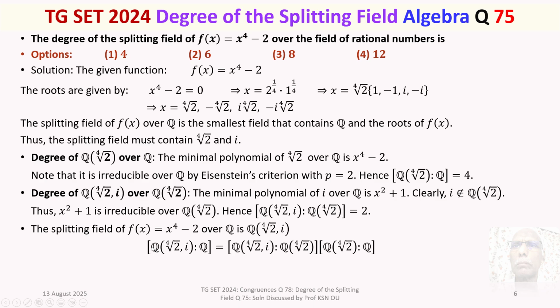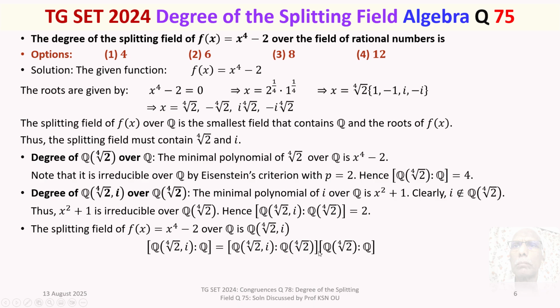So the degree of Q(fourth root of 2, i) over Q is equal to the degree over Q(fourth root of 2), multiplied by the degree of Q(fourth root of 2) over Q. Right? This is a very well known result.